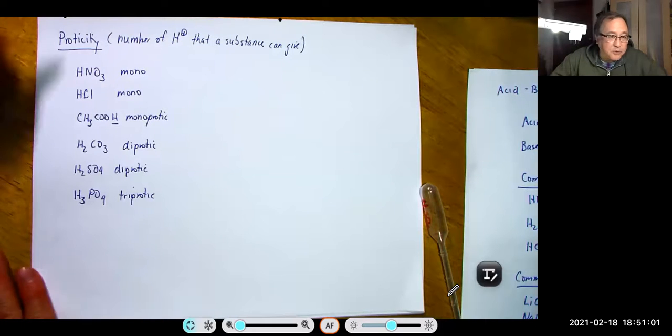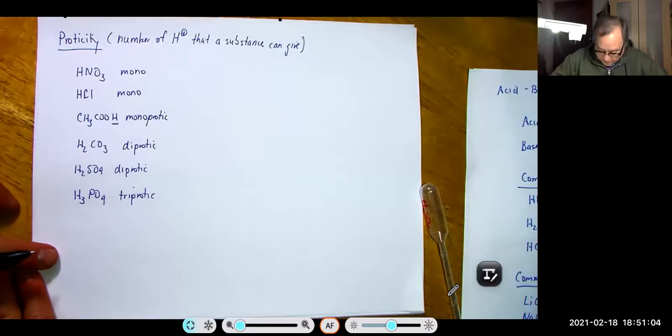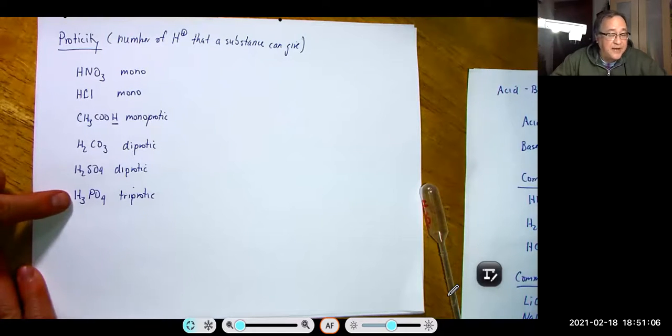Now, if you look at the proticity, you might think, oh my goodness, if this guy can give up 3 H pluses, it must be really strong and wicked. And if we take a look at the list of weak acids and strong acids I gave you, this one's actually weak.